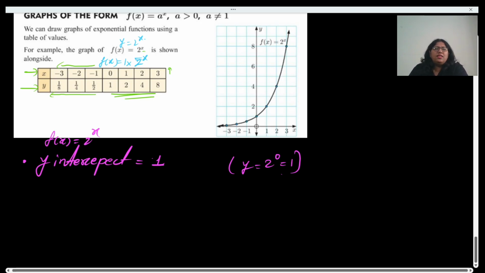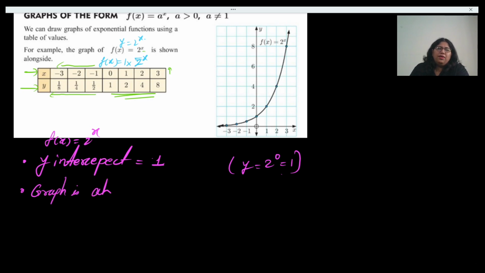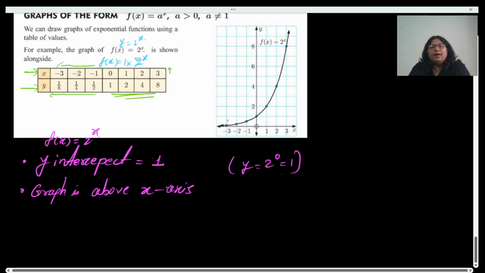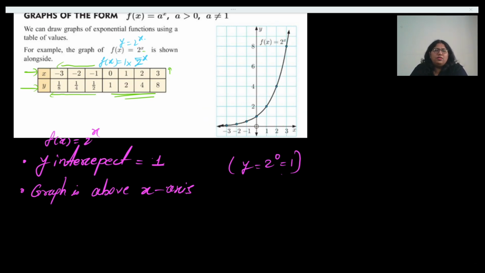Now if you see, the graph is totally above the x-axis. Above the x-axis means all the y values are greater than zero, right? All the y values are above 0, which means it's going to be a positive value. What is going to be the domain?